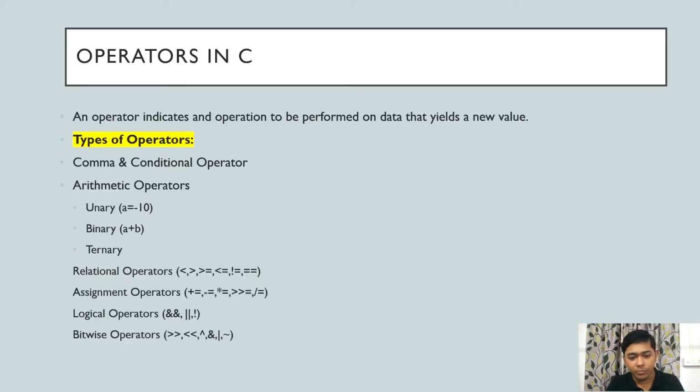Then assignment operators. An assignment operator means we perform the operation as well as store the new value. For example, if I write a equals to a plus 10, and suppose the value of a is 10, the new value of a will be 20.